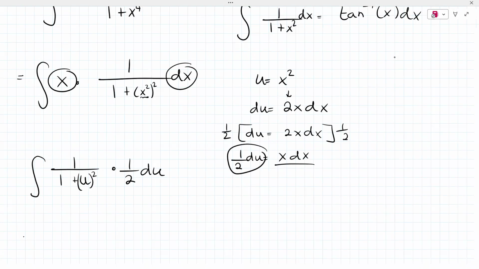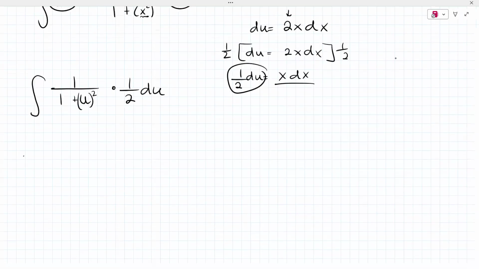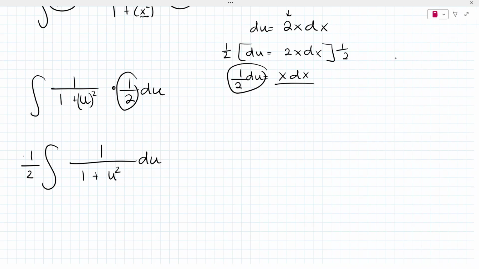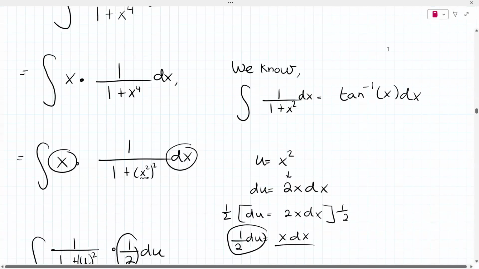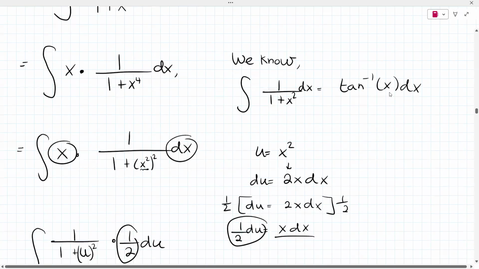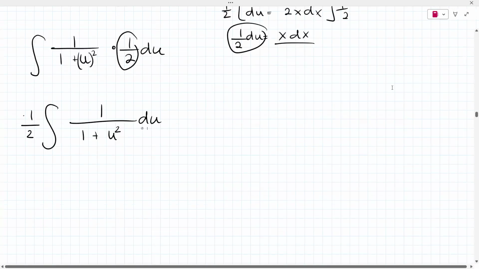This is a constant 1/2, so you'll put that in front of the integral. So it's going to be 1 over 1 plus u squared du. Now we know that the integration of 1 over 1 plus x squared dx is the same thing as tan inverse of x, but we're going to replace our x with u.